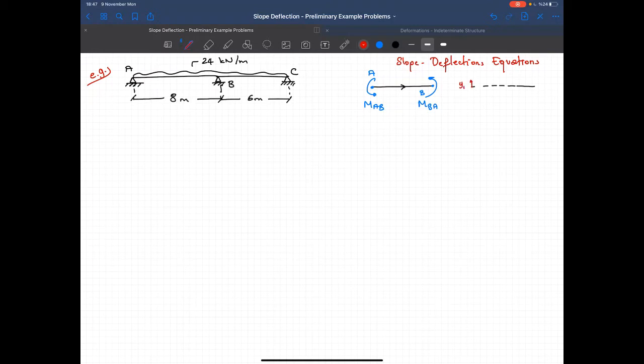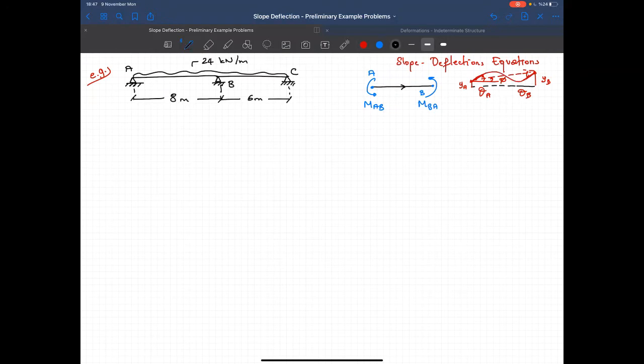I have YA here, that's the deformed shape, YB, chord rotation. We define the chord rotation in the counterclockwise direction, and I have theta A in the counterclockwise direction, theta B in the counterclockwise direction, and that's the deformed shape.